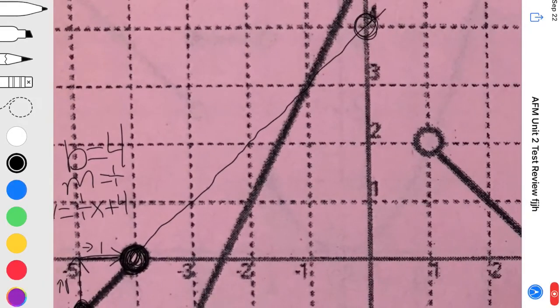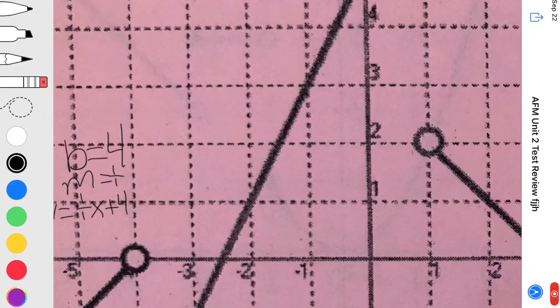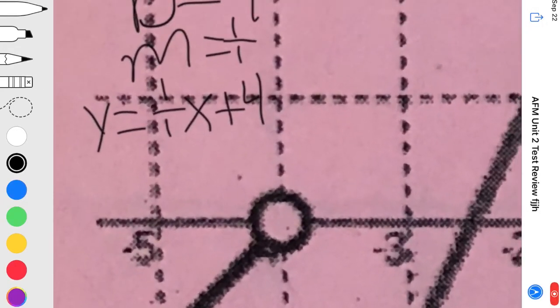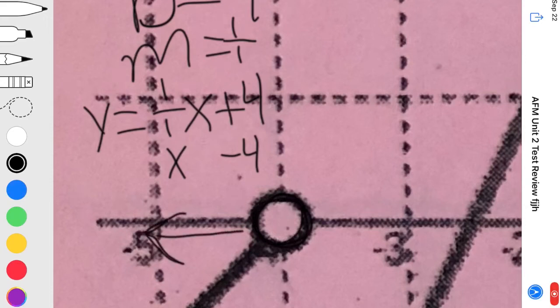Now we want to erase everything we did for step 1 on our line, not our equation that we just created. So we can create our restriction. Our x is going to stop at -4. Can it equal -4? No, because we have an open circle. Our x values can be less than -4, not greater than -4. So x is less than -4.